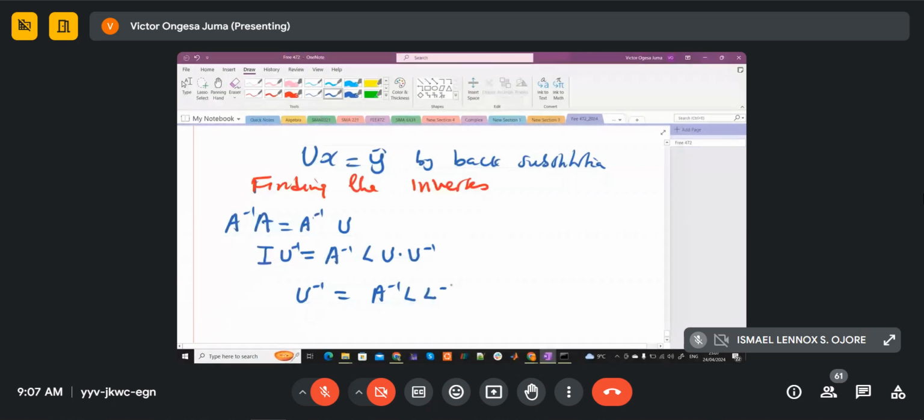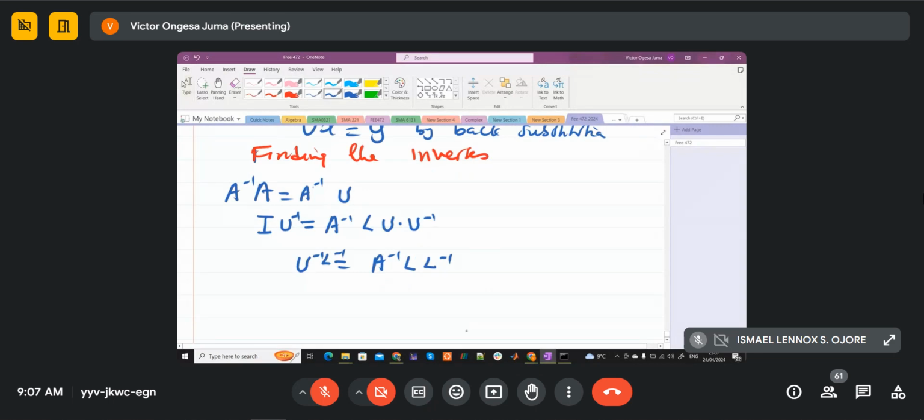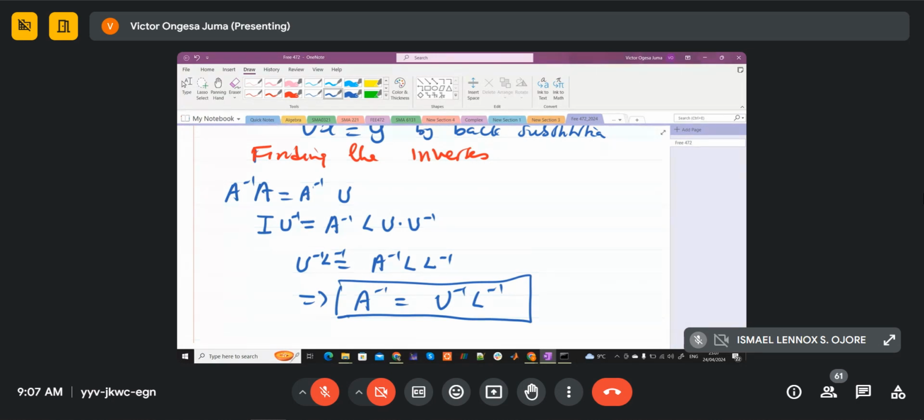And then I can multiply by L inverse. What does it mean? It means that A inverse is the same as U inverse L inverse. Once you have found U and L, you can find their inverses, and then you find the inverse of A just by multiplying U inverse by L inverse.